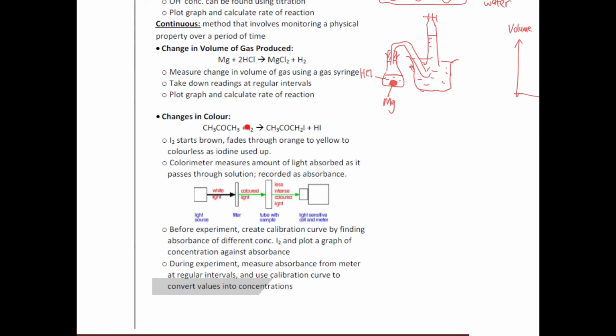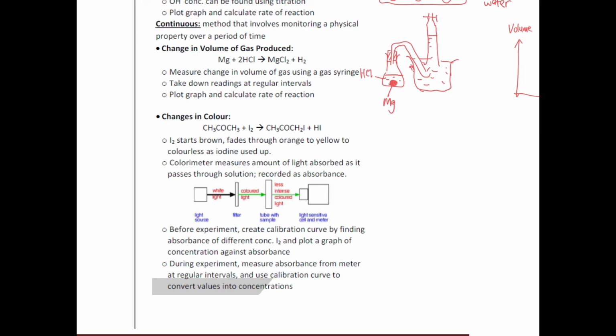For example, you take 1 mole per dm3 of I2, let it pass through, and see how much absorbance is obtained. Then you put 0.8 mole per dm3 and see the absorbance. Then 0.6, then 0.4 mole per dm3. That is what we call the reference graph or the calibration curve.